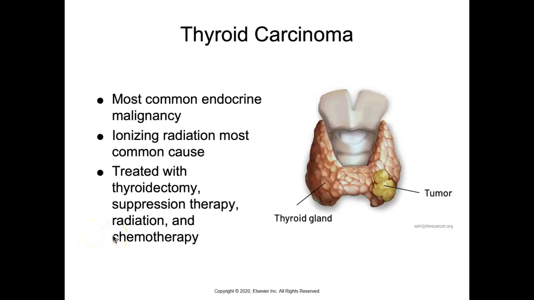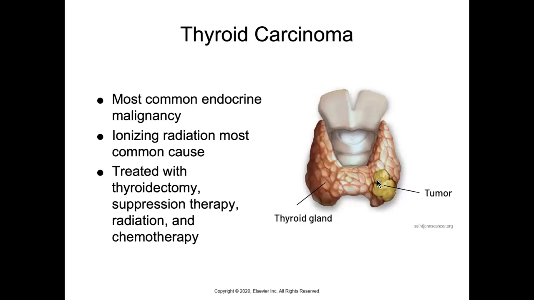The last topic to cover regarding the thyroid gland is thyroid carcinoma, and this is the most common endocrine malignancy. It's actually the 6th most common cancer in US for women. And one of the first ways people discover that they have thyroid cancer is by finding a small thyroid nodule or metastatic tumor in the lungs, brain, or the bone.